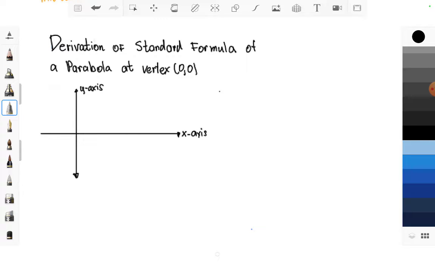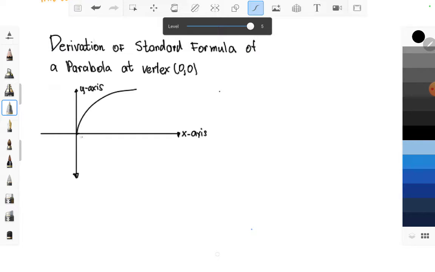So for the first part, let this be my parabola. Okay, so let this be the parabola and its vertex is at (0, 0).